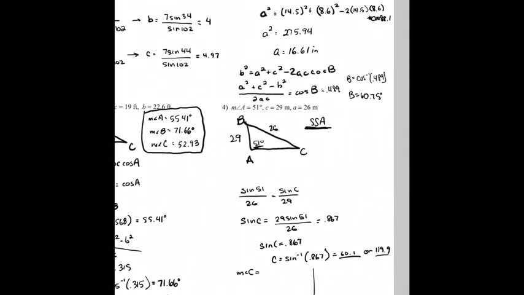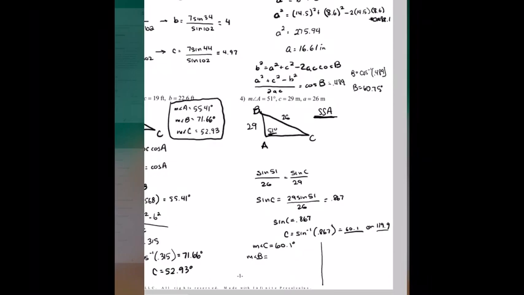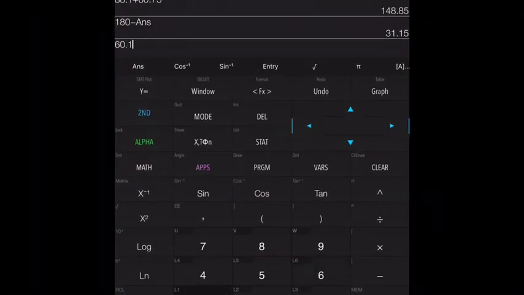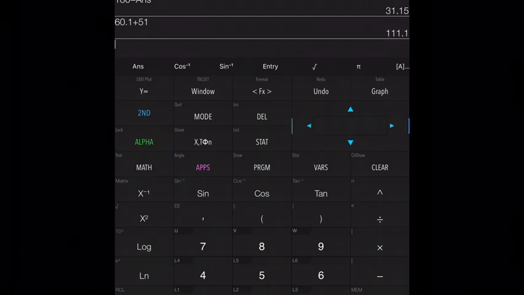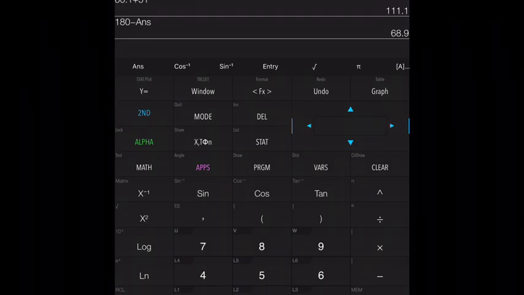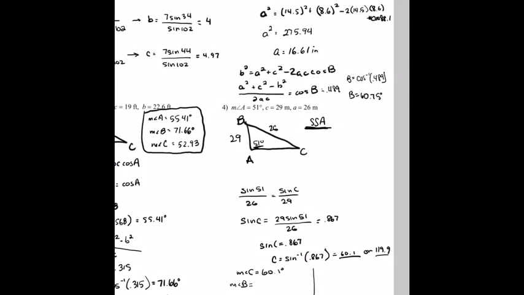So measure of angle C equals 60.1 degrees. Now we can add those two together to get the measure of angle B. So measure of angle B would be 60.1 plus 51. 60.1 plus 51 is 111. If we take that from 180, we get 68.9. So then measure of angle B could be 68.9.